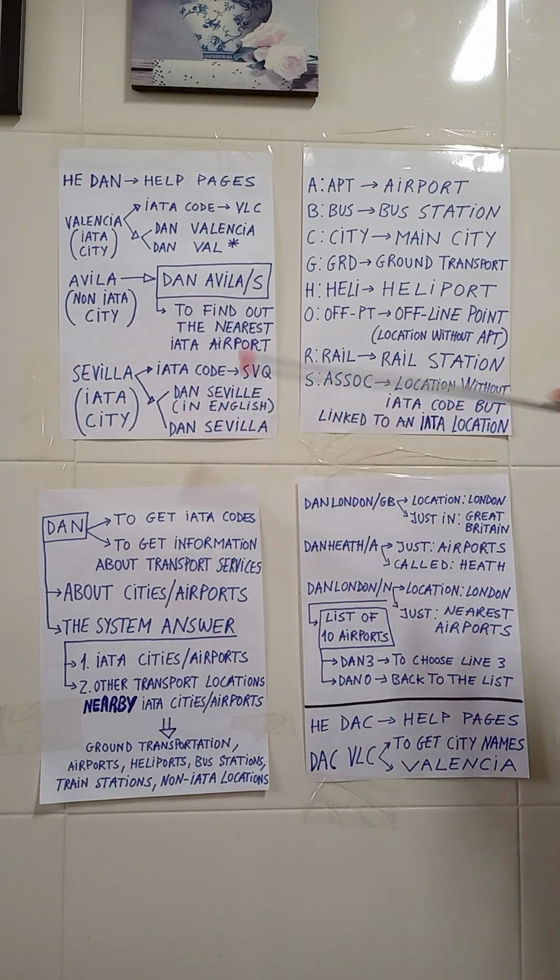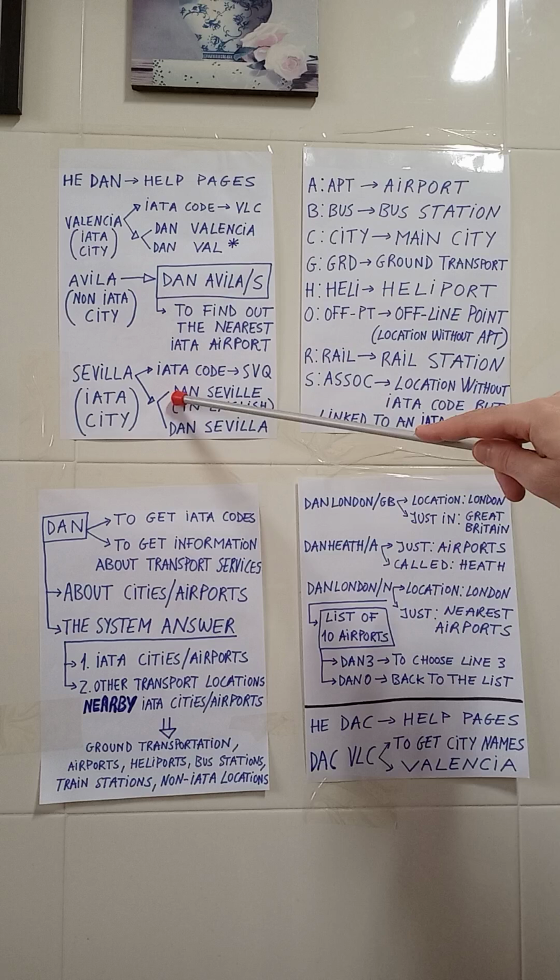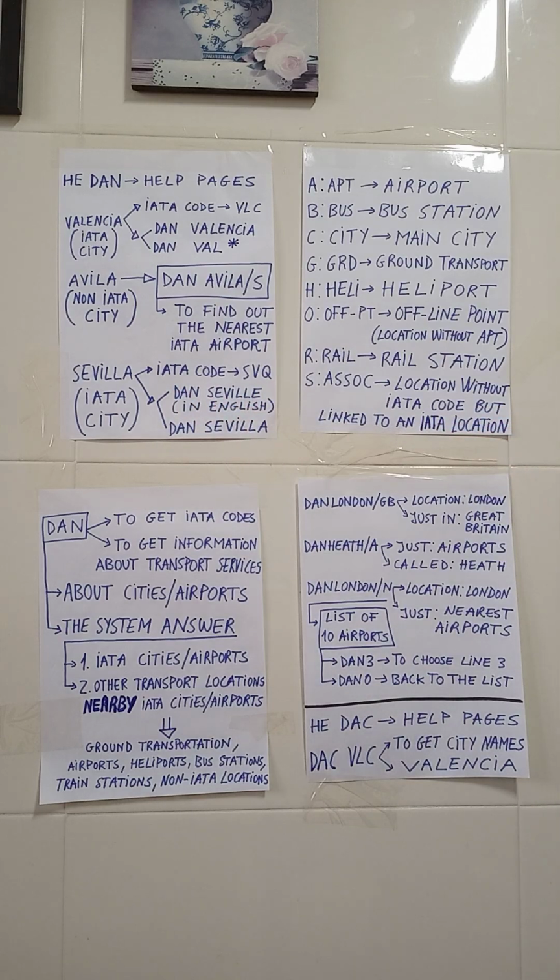We can write any city in the world in English, the first example, or in the language of the country it belongs to, the second option, in Spanish. That is, we can write DAN Seville in English or DAN Sevilla in Spanish.